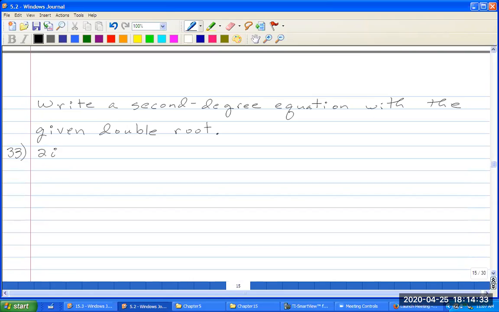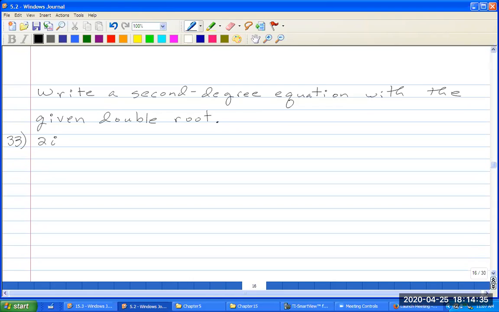Okay, let's do another example. Write a second degree equation with the given double root. Oh, so this is going to be very similar to what we did previously, I guess 2 problems ago.